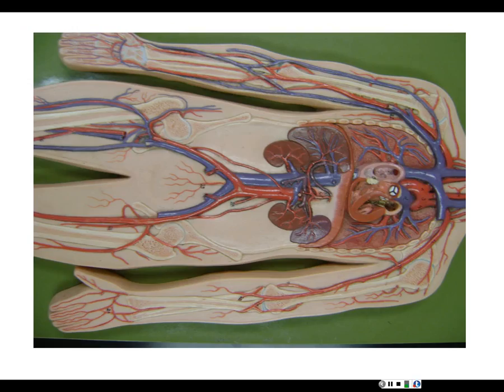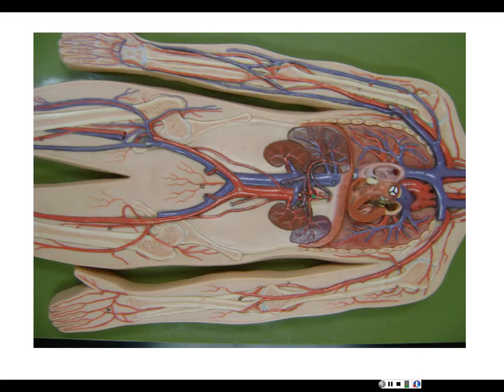When we look closer at that region, starting with the abdominal aorta, let's look at the 5 branches. The very first branch closest to the diaphragm is called the celiac trunk or celiac artery. On these models, it's obscured because the celiac artery comes off of the abdominal aorta by only a few millimeters before it branches. You are responsible for identifying 3 out of the 4 branches of the celiac trunk.